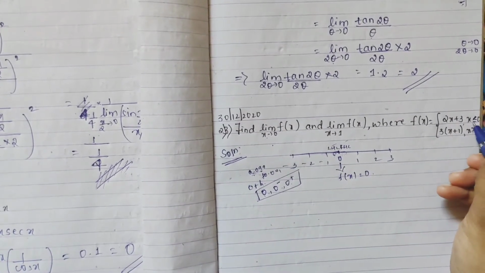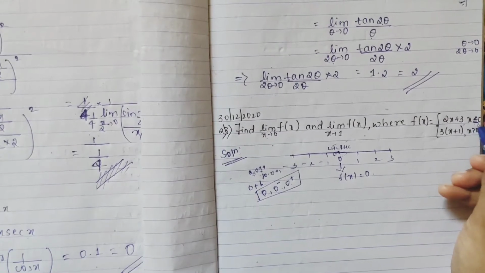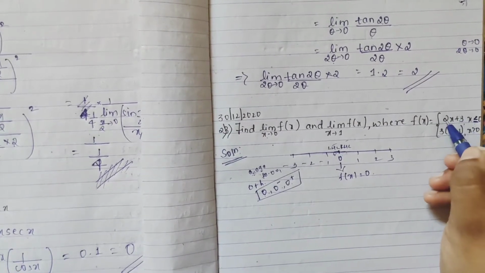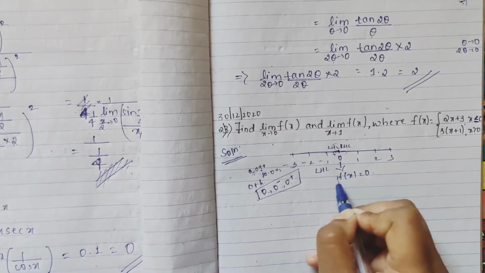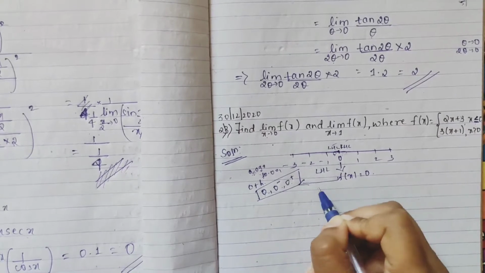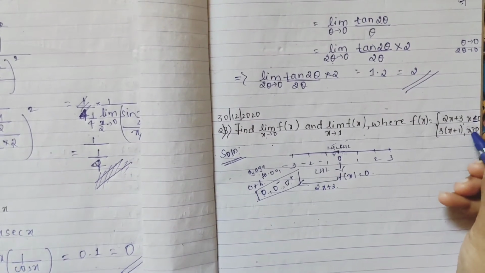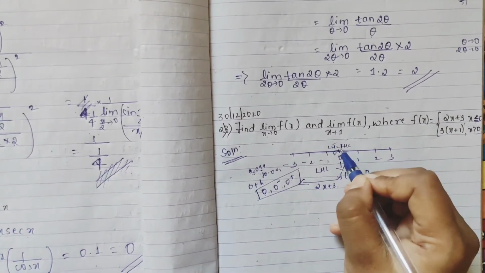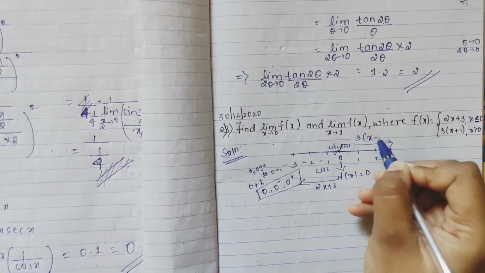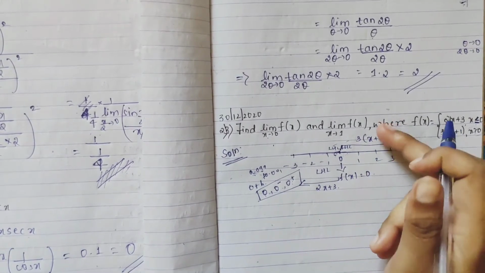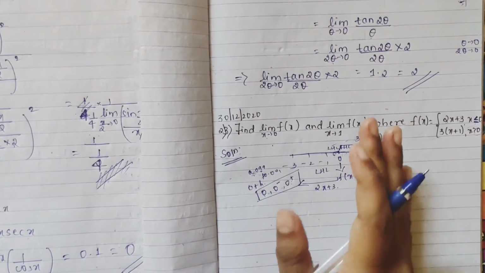Here you have less than or equal to 0. So for less than or equal to 0, your function is 2x plus 3. Less than means LHL. For your LHL at x equal to 0, your function will be 2x plus 3. For x greater than 0, that means RHL. At this point you should take the function 3x plus 1. So here your function f of x changes. Please be careful about that.